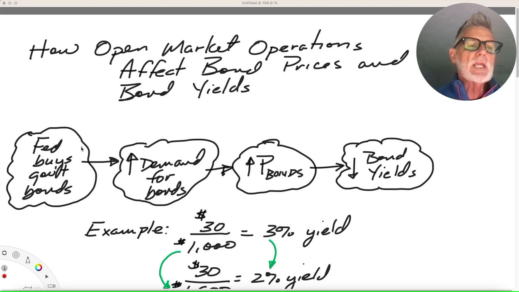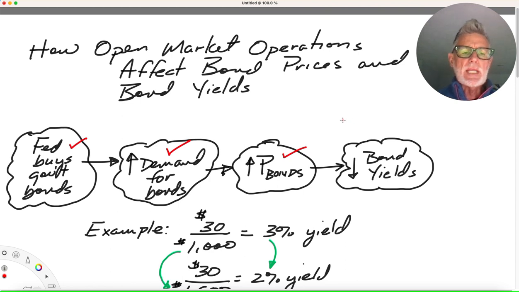The Fed goes into the secondary or open bond market and buys government bonds. The effect of that is to increase the demand for these bonds. So really the Fed is out there competing with other bond buyers, which pushes the price of these bonds up. It's just like apples.